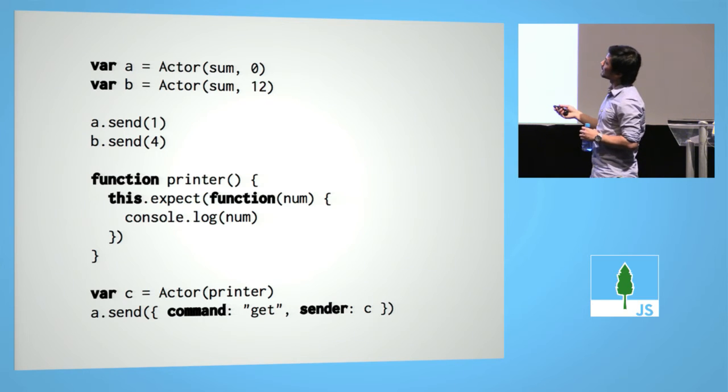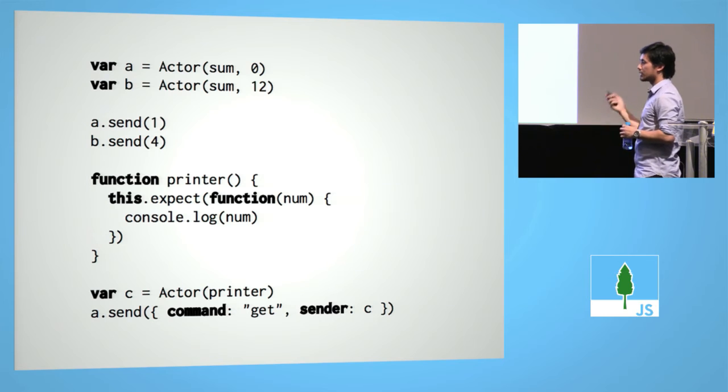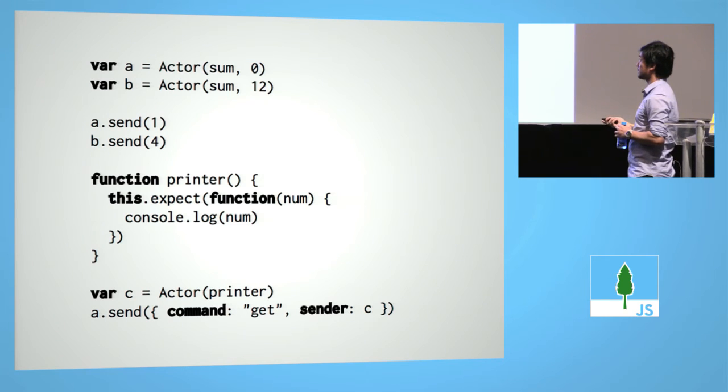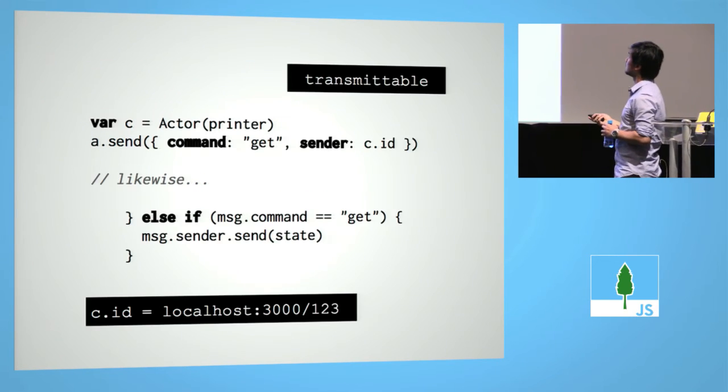Could anyone guess what will get printed out at the end here? It'd be an initial state 0 plus what we sent it, which was 1. So it should print out 1. And that's the logic of how these actors go.